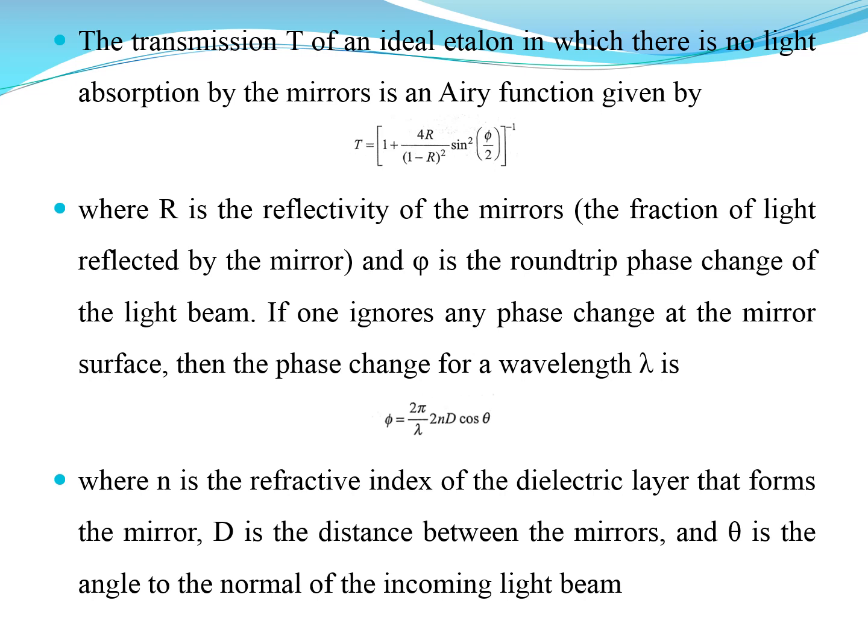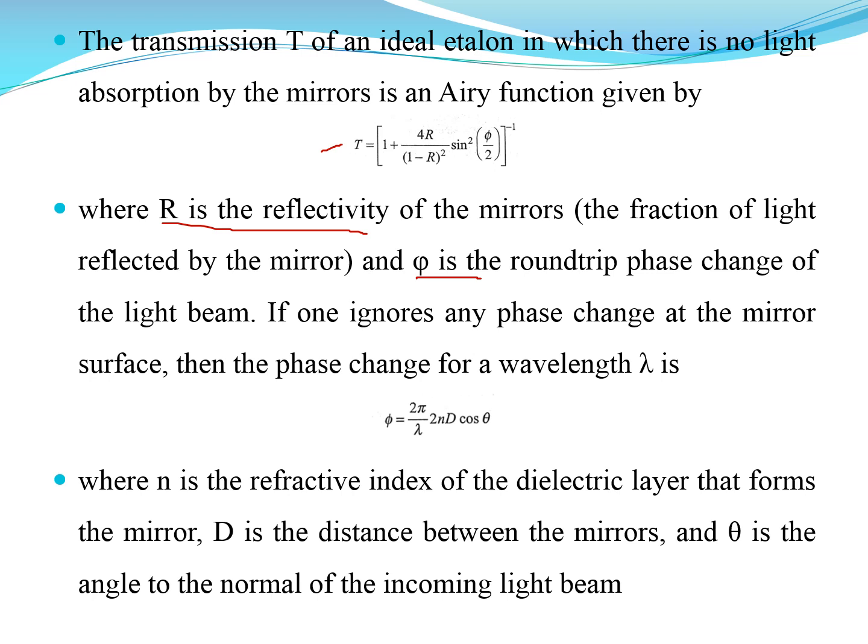The transmission of an ideal etalon, in which there is no light absorption by the mirrors, is given by T, where R is the reflectivity of the mirror and phi is the phase change of the light beam.